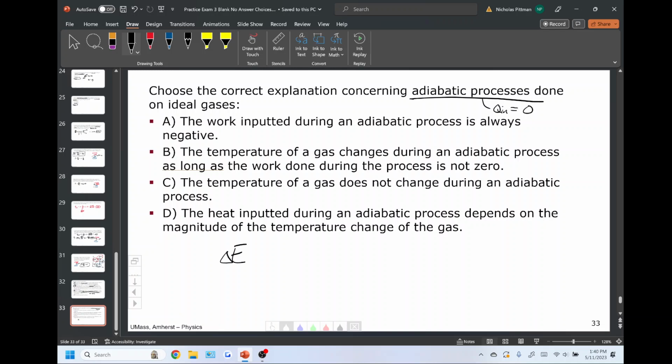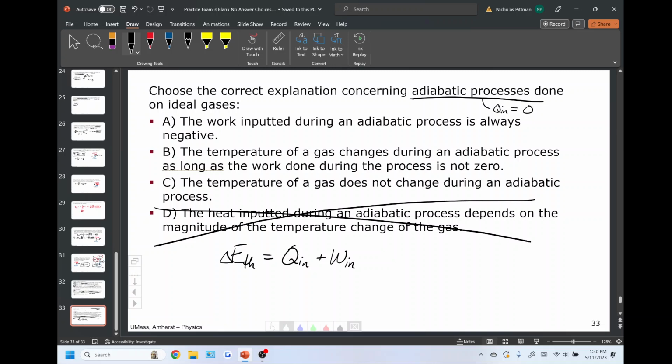Heat inputted during an adiabatic process is 0, so it certainly doesn't depend on temperature change. Temperature of a gas does not change during an adiabatic process? That is not necessarily true. Just because Q equals 0 doesn't mean delta T is 0. It just comes from work rather than heat. So C is definitely not right.